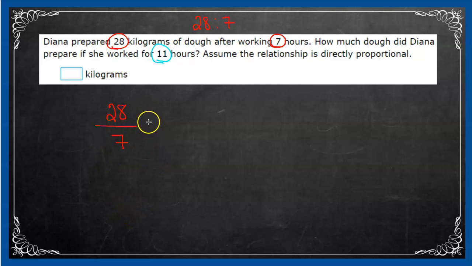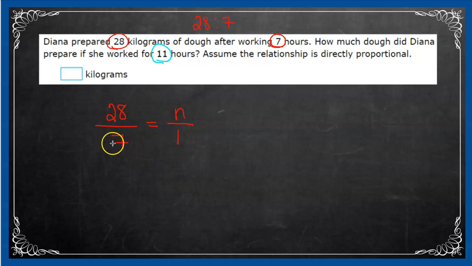And to find the unit rate of this, what I want is how many kilograms of dough. So my kilograms are on top, kilograms are in the numerator. I'm going to just name that N. How many kilograms could she make in 1 hour? Okay, so what I want is to create an equivalent fraction right here. So I need to know what the N is. I need to know what is the unit rate. How many can she prepare in 1 hour?